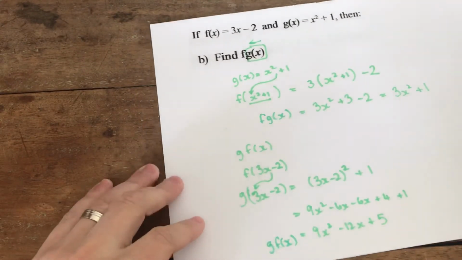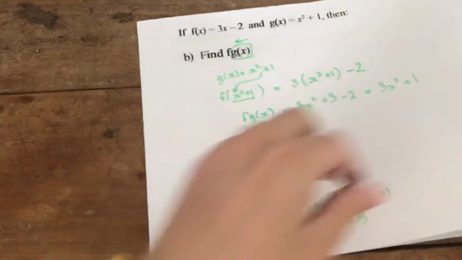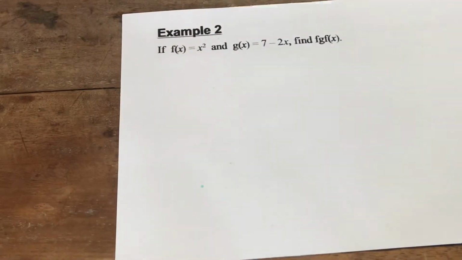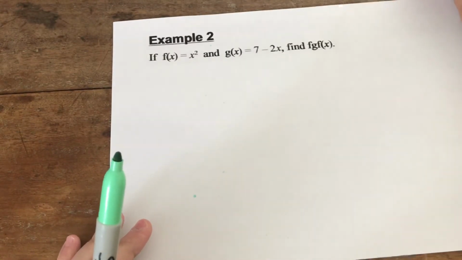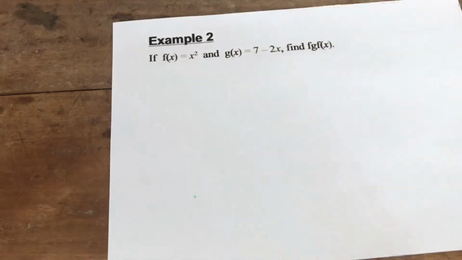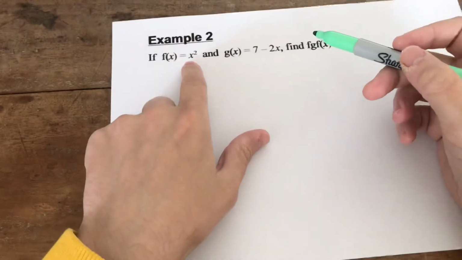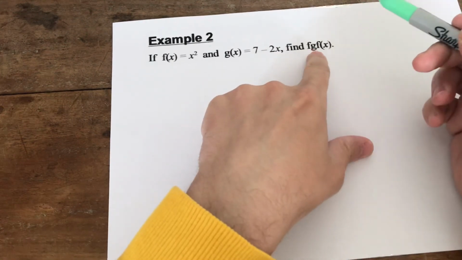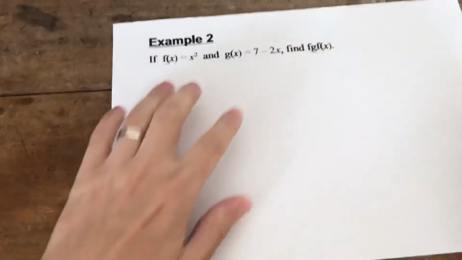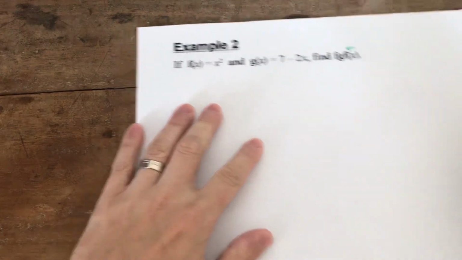If we have a look, I have another problem here to have a look at. In this case, we have 3 functions that we have to work our way through. It says if f is x squared, g is 7 minus 2x, find fg of f of x. So again, we start in this direction.